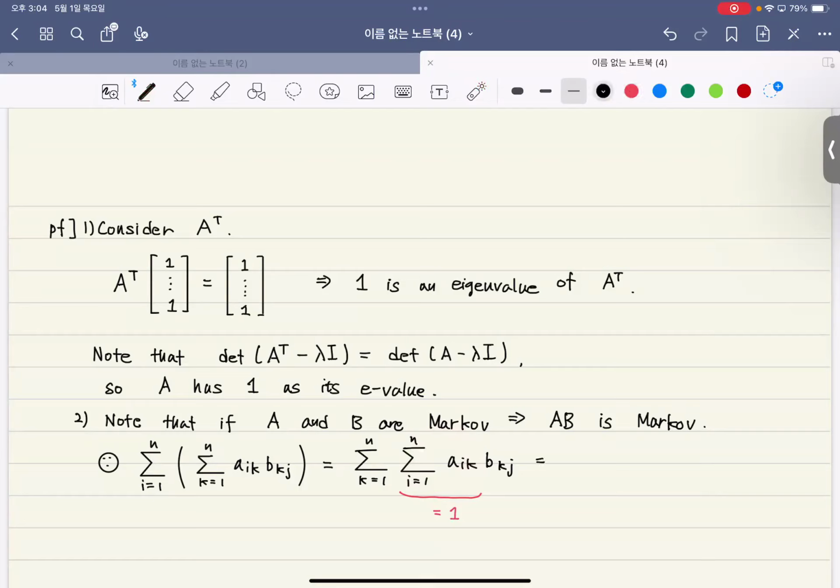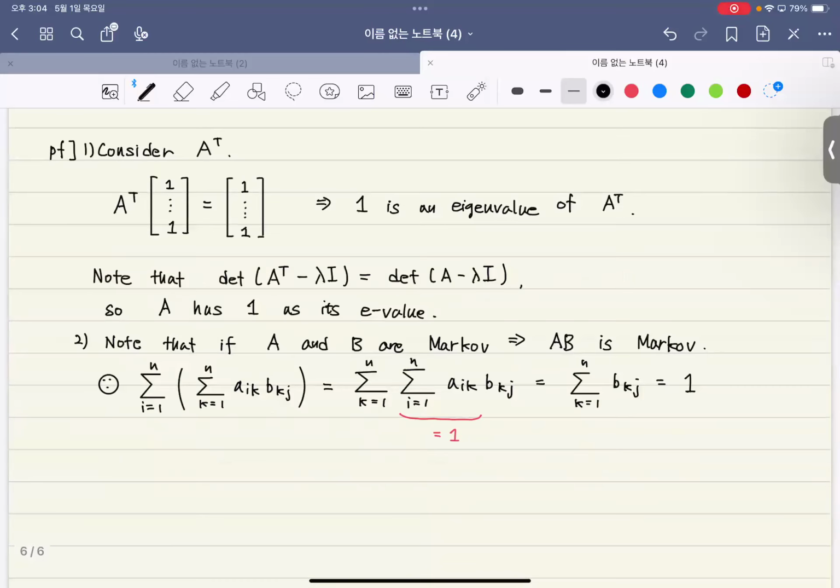So this is just the sum over k of B_kj, but since B was assumed to be Markov, this also must be 1. Therefore, if A is Markov, then A raised to the k-th power also must be a Markov matrix.